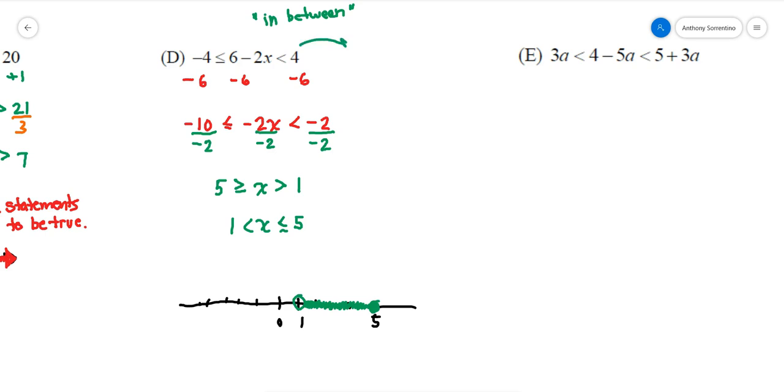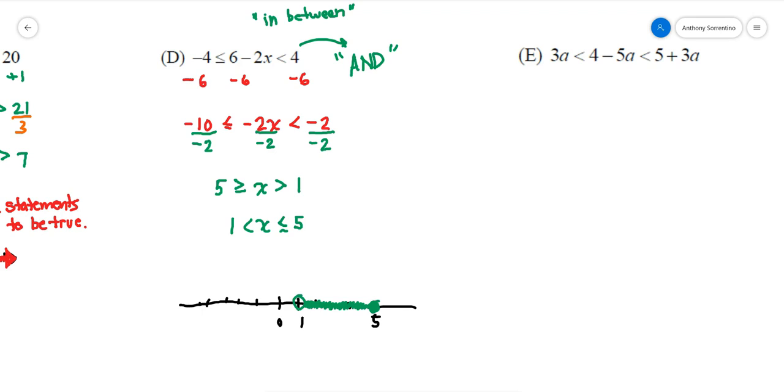This is an example of an AND statement. Whenever possible, we try to write an AND statement, not using the word AND, we try to write it in this in-between format. When we get to situations like E, that gets a little bit more complicated to leave it that way, because me doing something to any of the variables on one side of the inequality or another is going to leave parts in other parts.